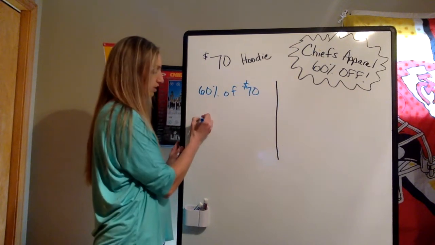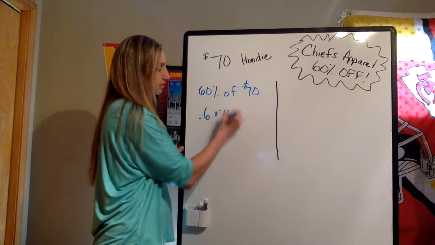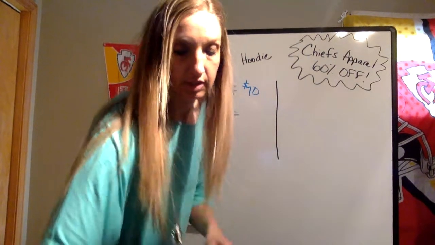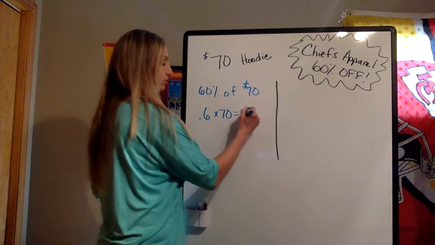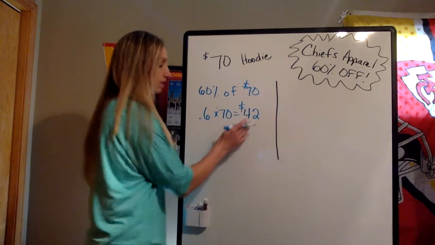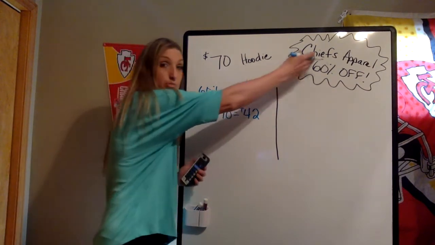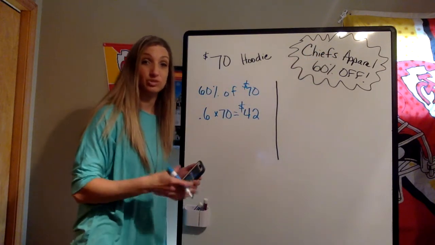So we'd punch in 0.6 times 70, which is $42. So that's how much we're getting to take off.